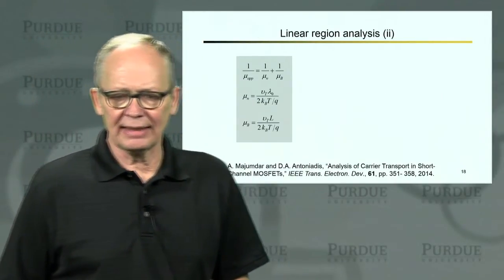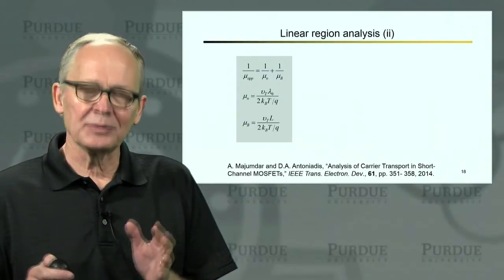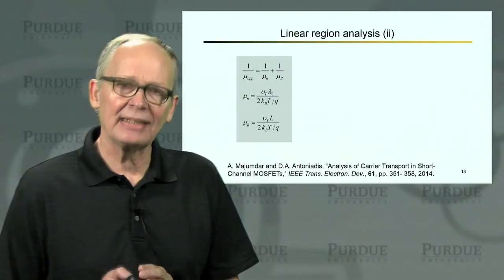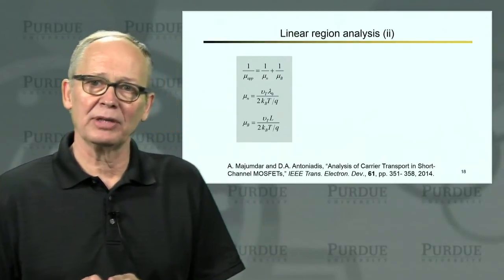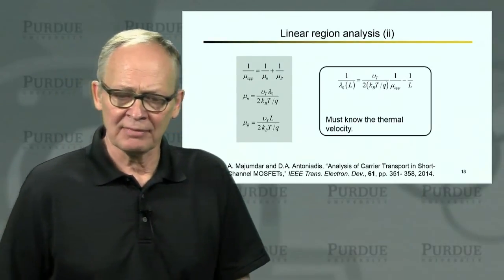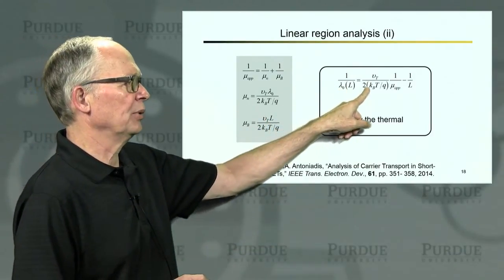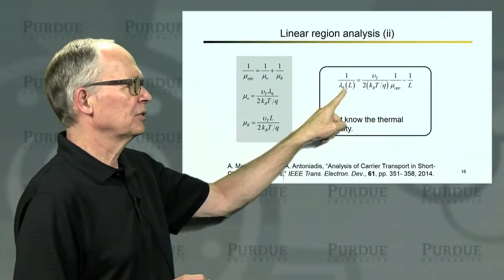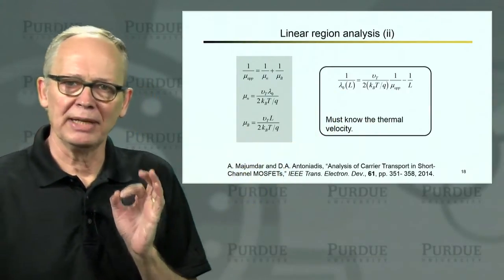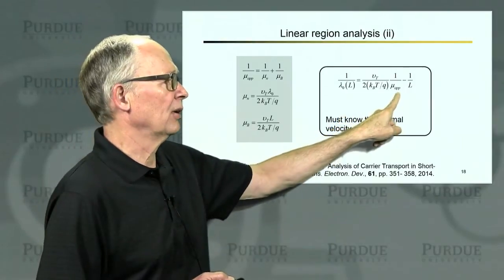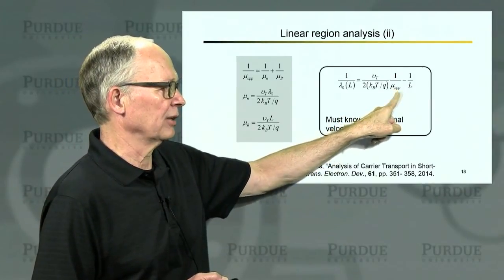Okay, now let's look a little more carefully. What if we plot the data and we find it's not on a straight line? That is likely due to the fact that the mean free path depends on channel length. So in that case, we can manipulate these equations and we end up with an expression that allows us to deduce the mean free path at any particular channel length if we know the apparent mobility at that channel length.